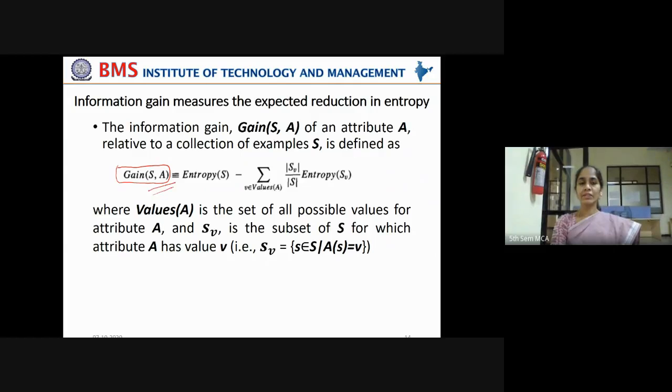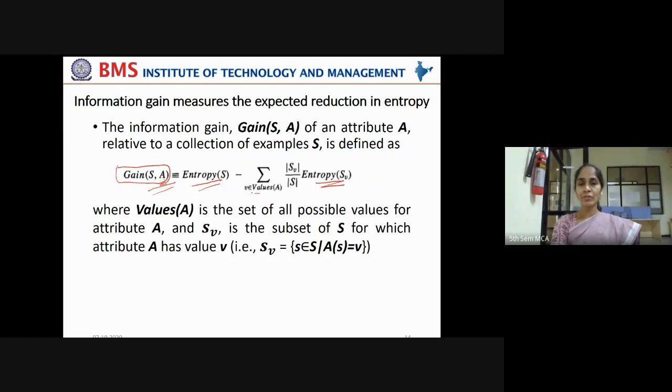Understand this representation. Information gain in the training examples S by using the attribute A is equivalent to, how do you calculate that? The entropy of the whole set of training examples minus the entropy for that particular attribute.